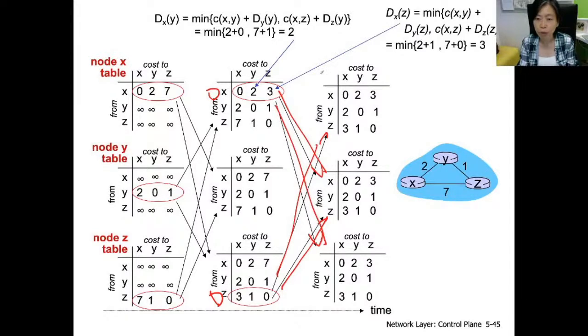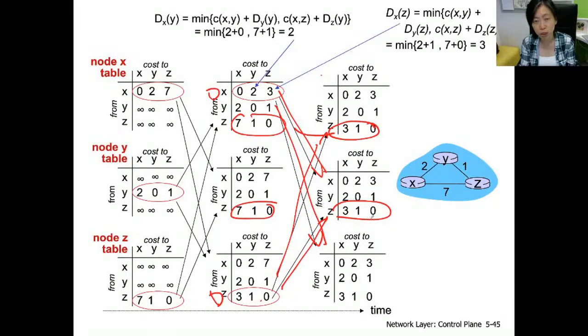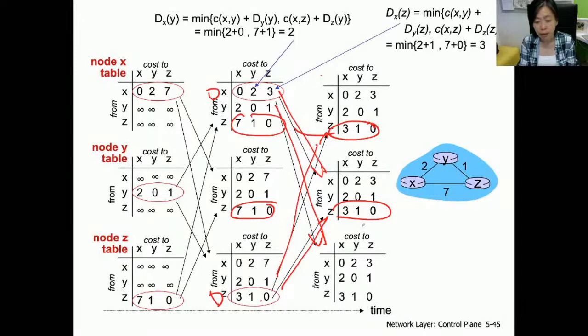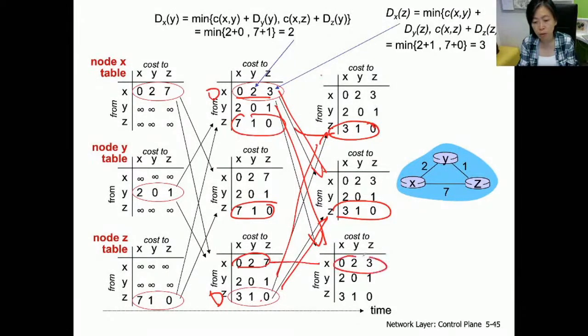Node x receiving the update is going to replace this with the new distance vector. Just like y here, this vector is going to be replaced with the new vector from z. Similarly, this vector is going to reach z, and z is going to update from 027 to 023.